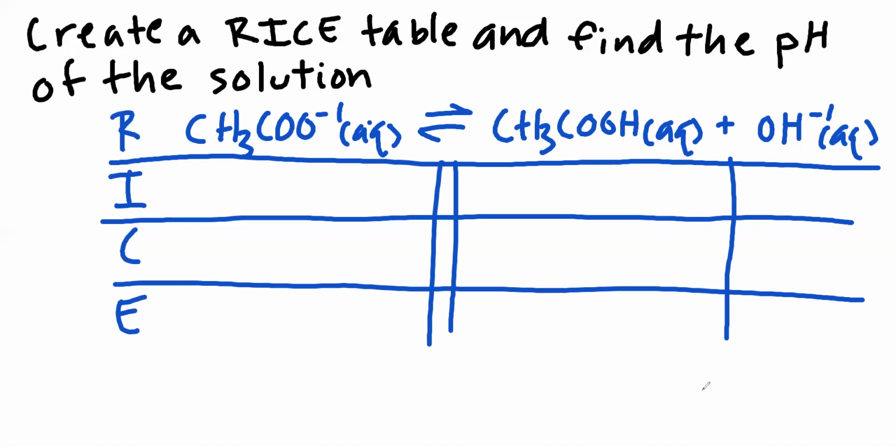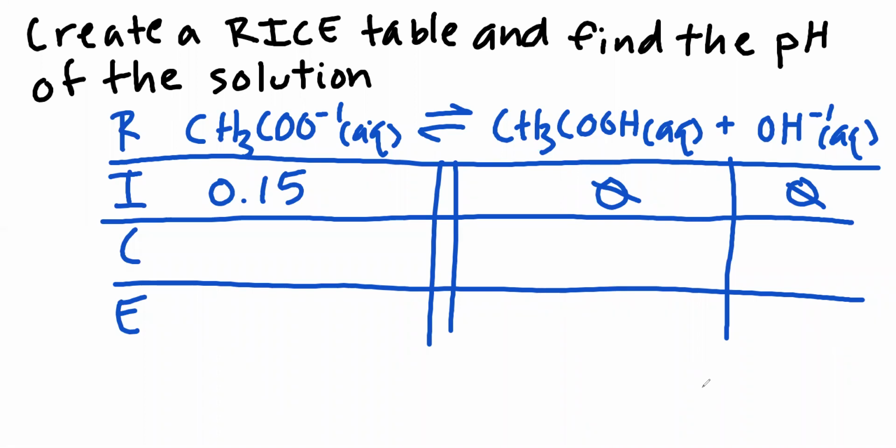And for our initial concentrations, we know this one is initially 0.15. These are 0.